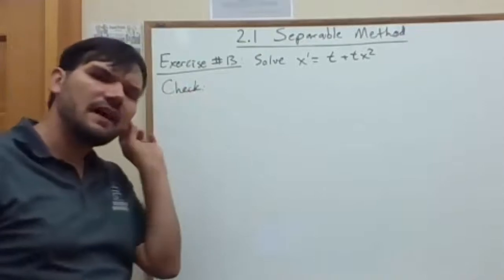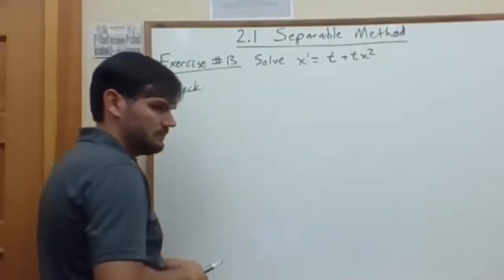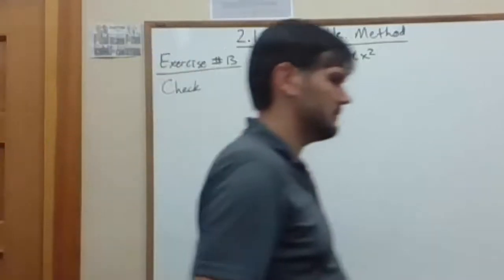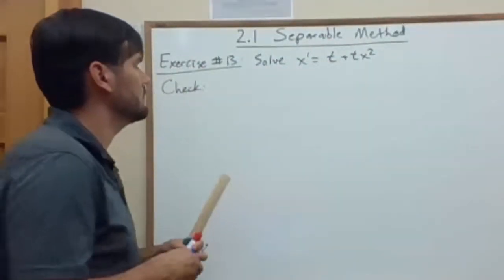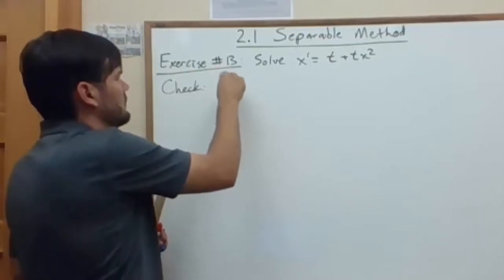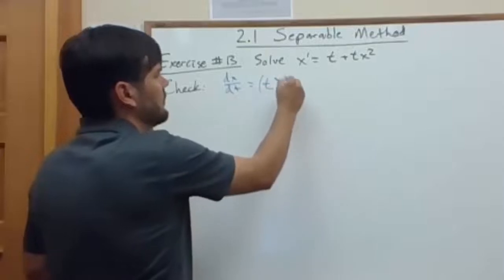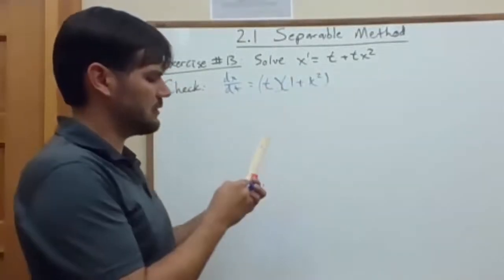And then we see if we can factor that slope form into a function of t times a function of x. If we factor that t out, we get 1 plus x squared left.